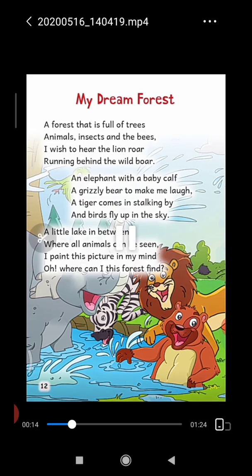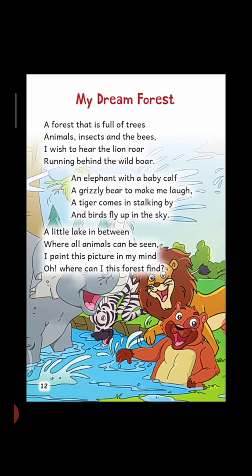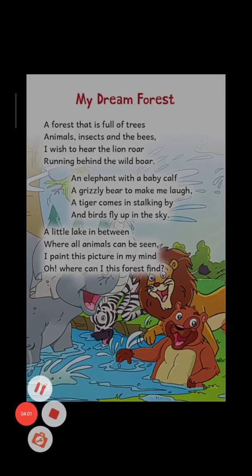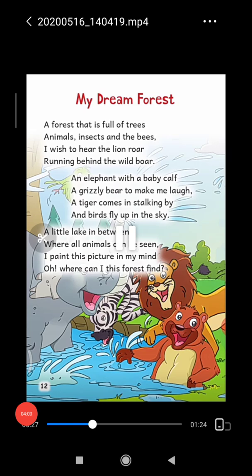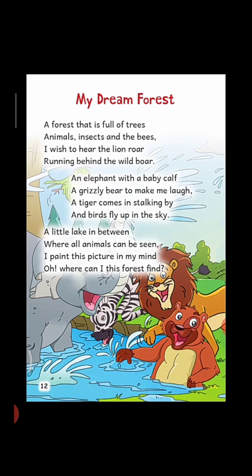I wish to hear the lion roar, running behind the wild boar. An elephant with a baby calf.